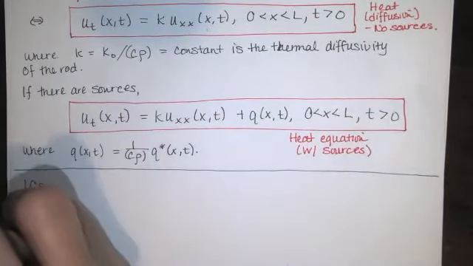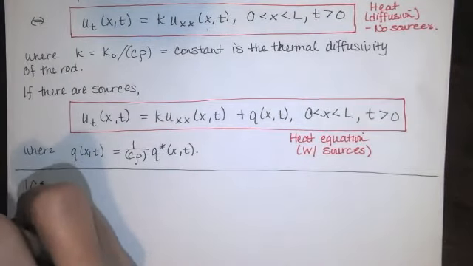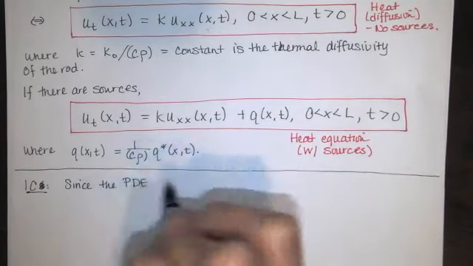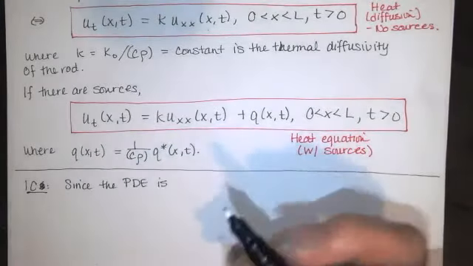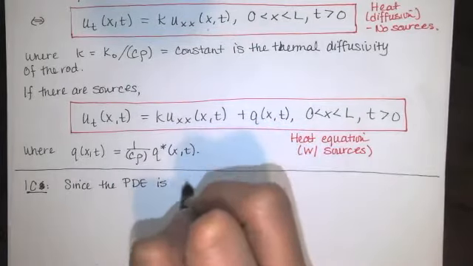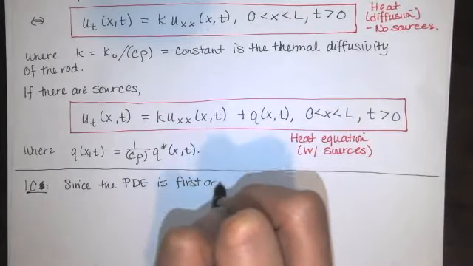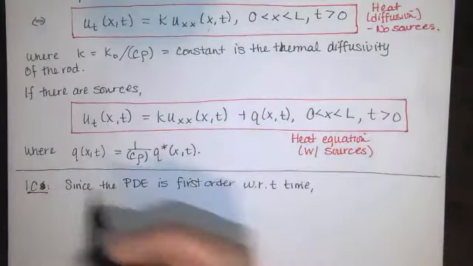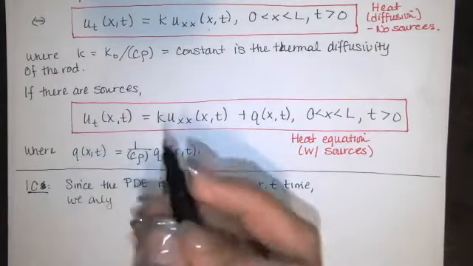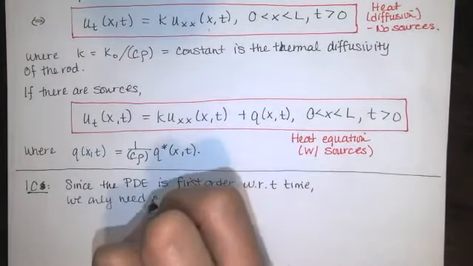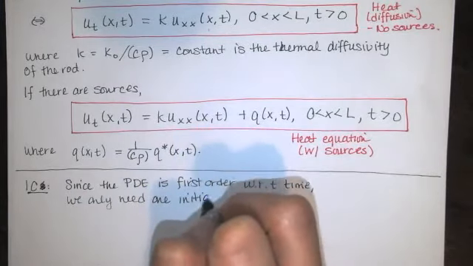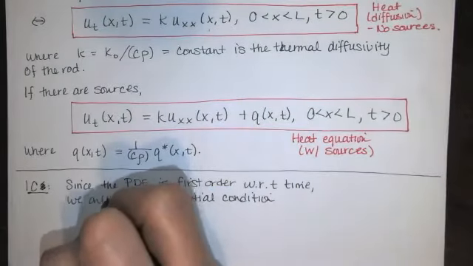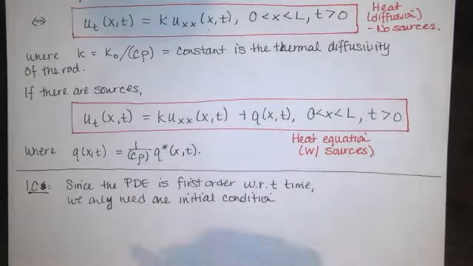So first of all, here is the initial condition. We only have one because the PDE is first order with respect to time (WRT for with respect to). Of course, we could specify the temperature at any time, but typically we specify the temperature at t equals 0.